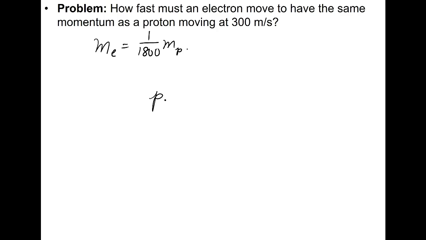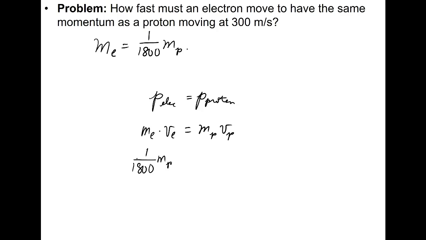So we want the momentum of the electron to be equal to the momentum of the proton. So mass of electron times speed of electron is equal to mass of proton times speed of proton. So we have 1 over 1,800 mass of proton times v equals mass of proton times 300 meters per second.